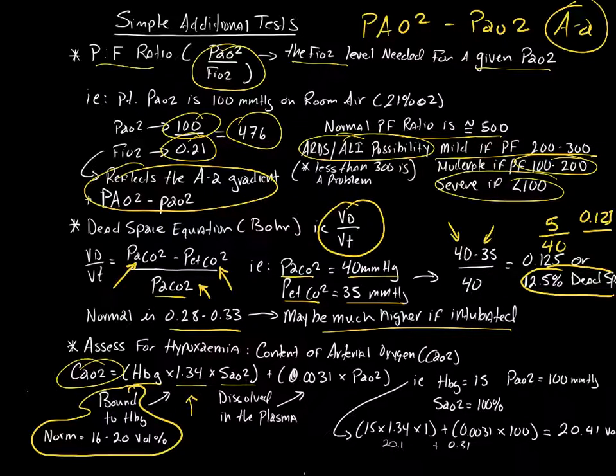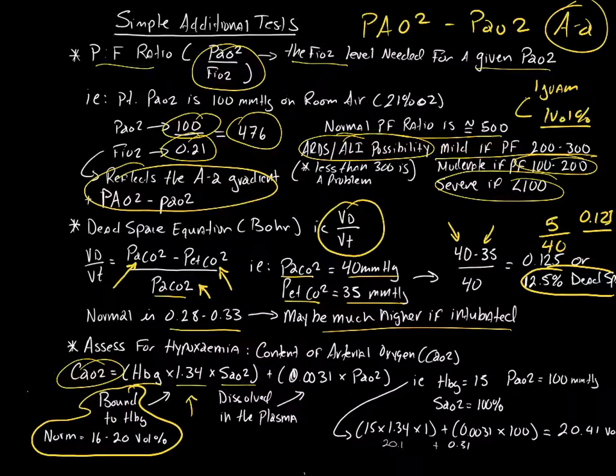So what this means is, if I had 1 gram of fully saturated hemoglobin, it will bind 1.34 vol% of oxygen, right?